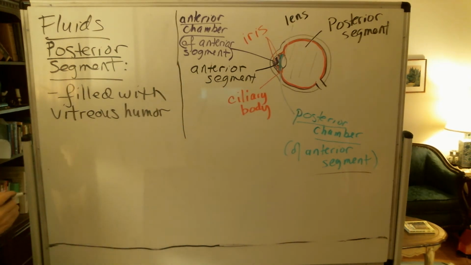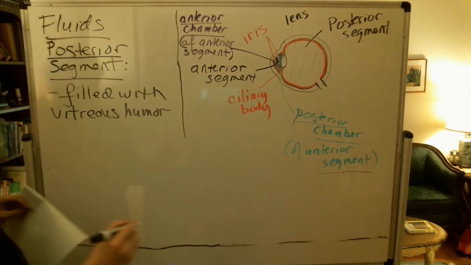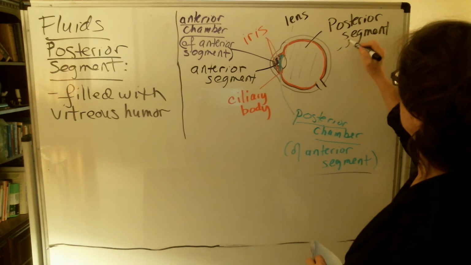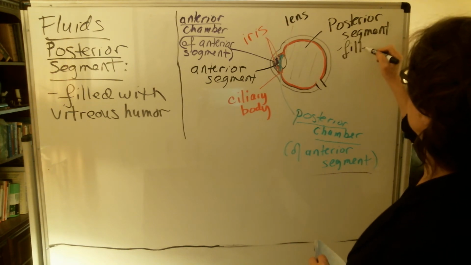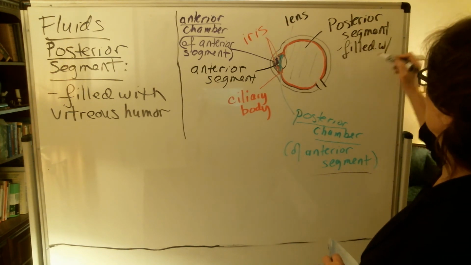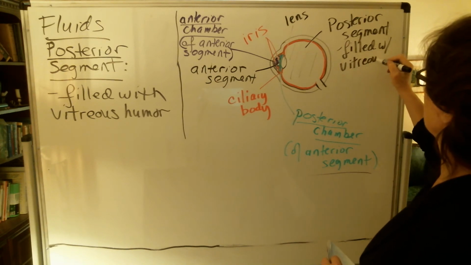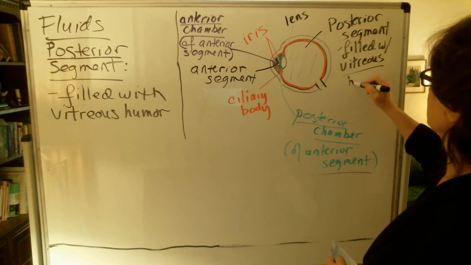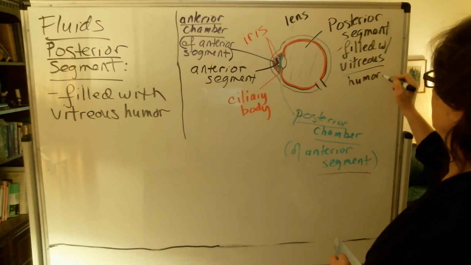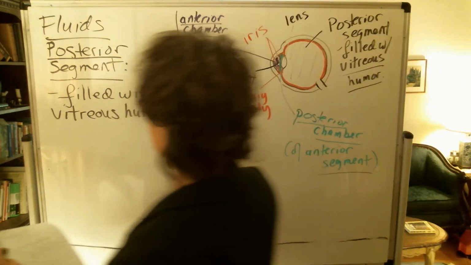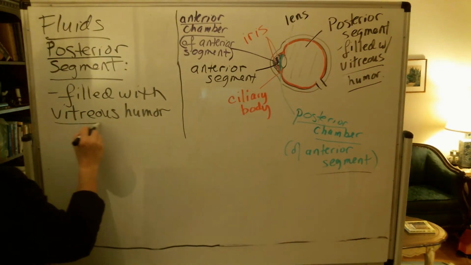So the posterior segment then is filled with the vitreous humor. Let's write this in now. Filled with vitreous humor. Humor is another word for fluid. So here we have the vitreous humor.